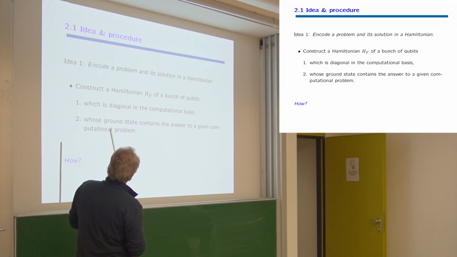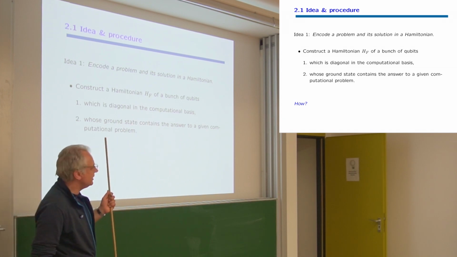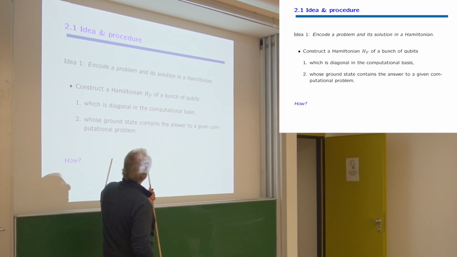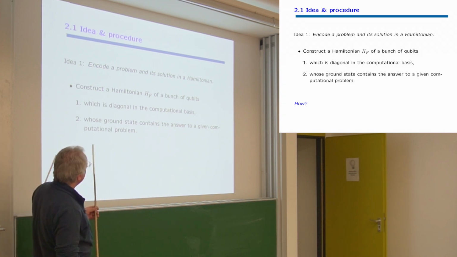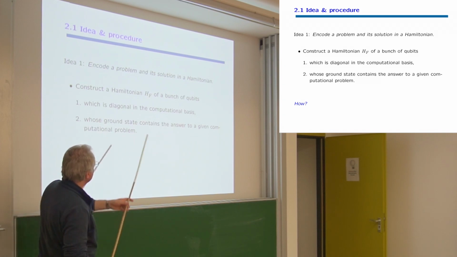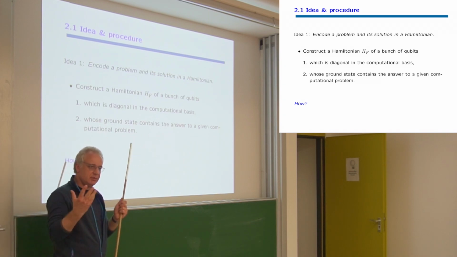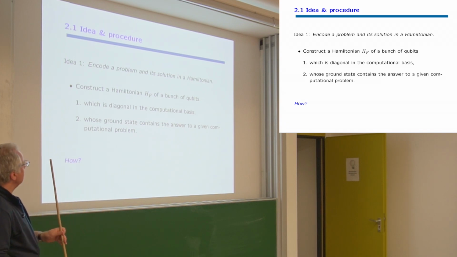Okay, so we construct a Hamiltonian, we call it HF for a reason that will become clear later, of a bunch of qubits. So qubits are our workhorse here, and it has two properties. First, that it is diagonal in the computational basis. Remember, the computational basis was the eigenbasis of the sigma z's.